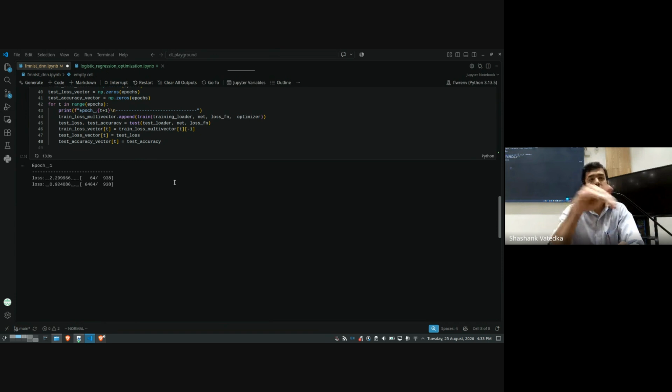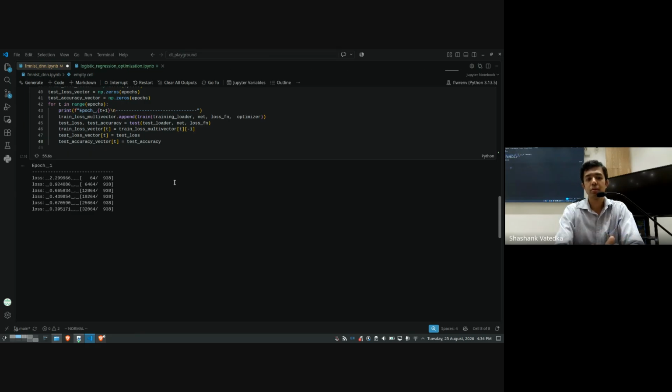You can see that the loss has now dropped from 2.29 to 0.92. I encourage you to play around with this code a little bit, and see exactly how the loss varies with different choices of optimizers, different choices of learning rates, and so on.